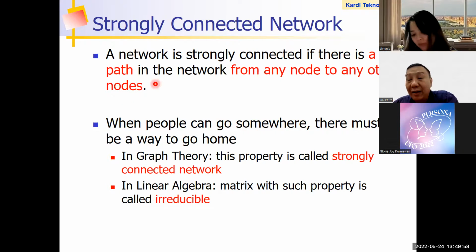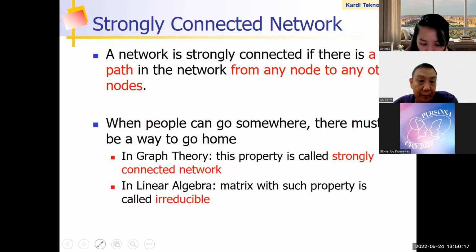If there is a path in the network from any node to any other node. In linear algebra, the adjacency matrix of this is called irreducible. In graph theory, this is called strongly connected. So you can go somewhere, but there must be a way to go home.